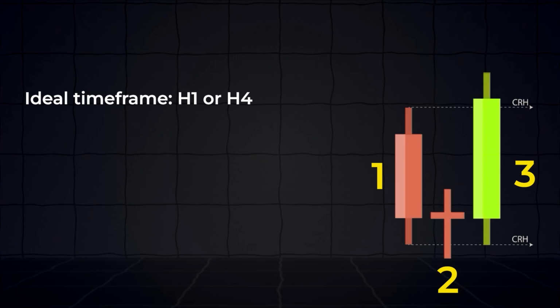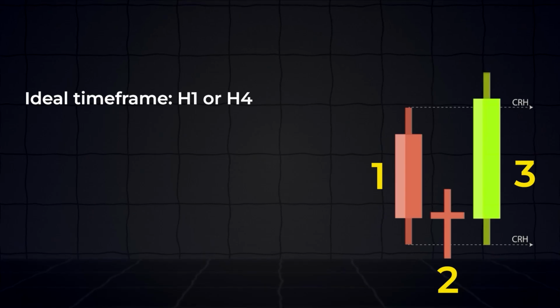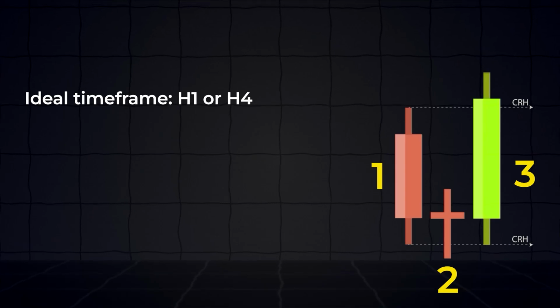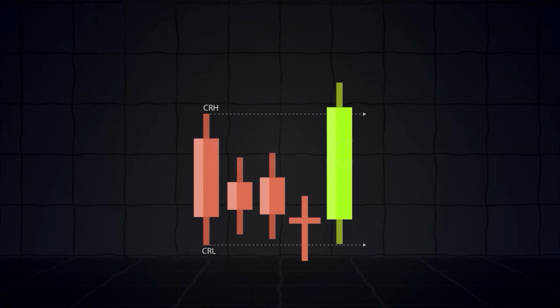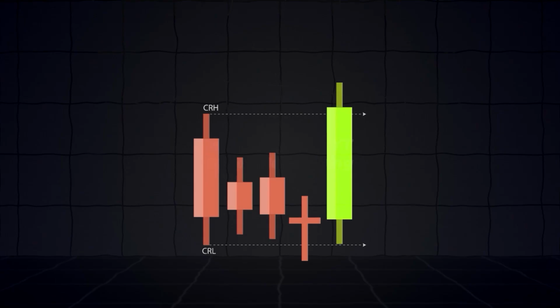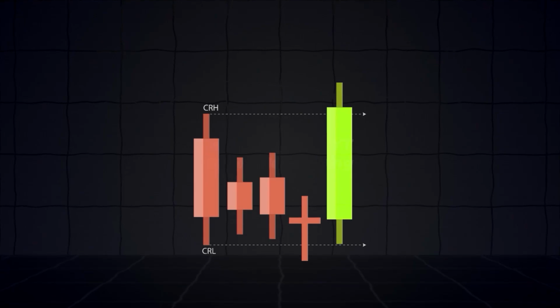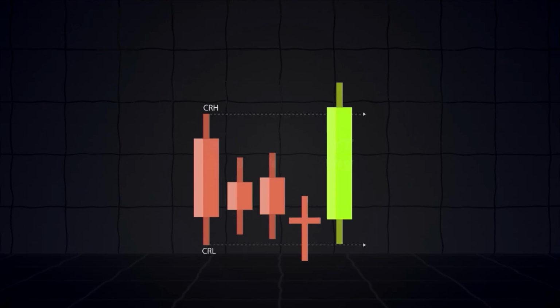There are nuances here. This pattern isn't always limited to 3 candles. Sometimes the process may take more candles, but the principle remains the same. For example, in this scenario, you can observe the formation of several candles before the range of the initial candle gets broken. These internal candles are called inside bars and serve as additional liquidity.